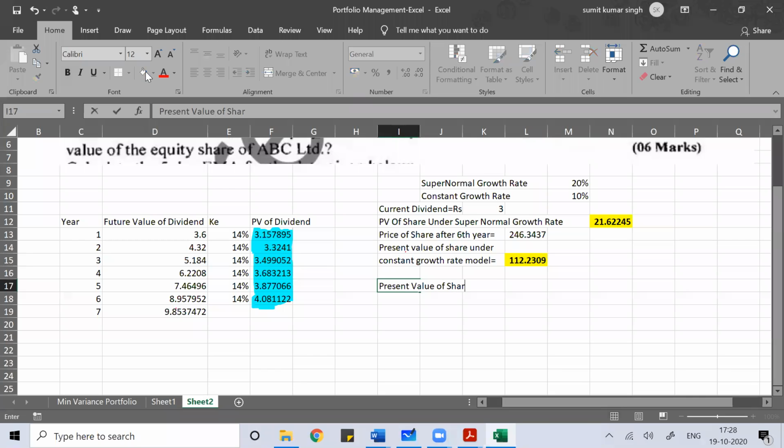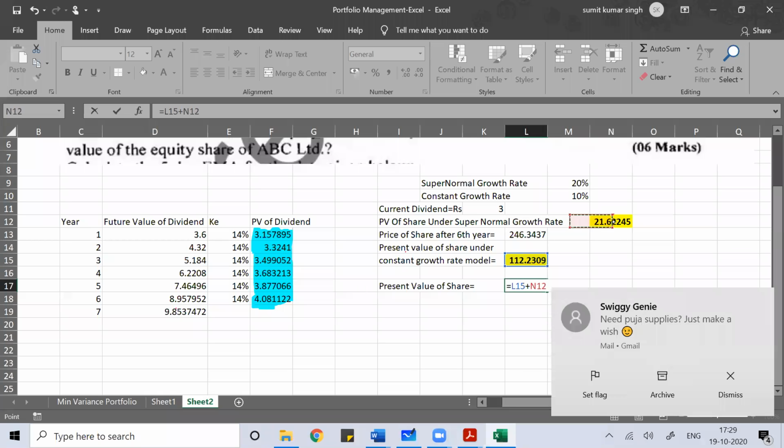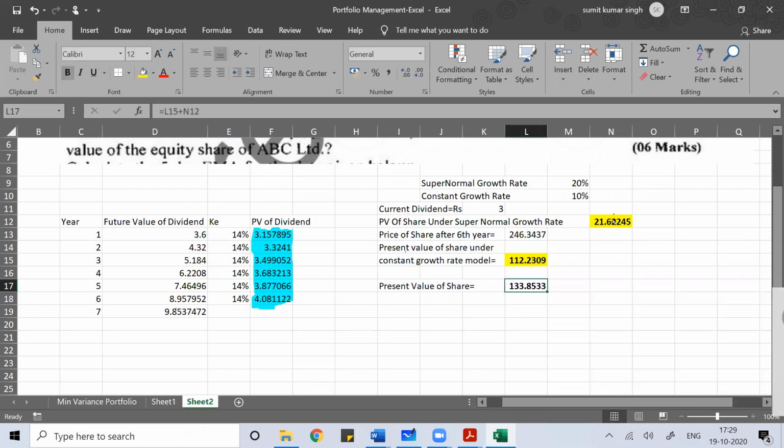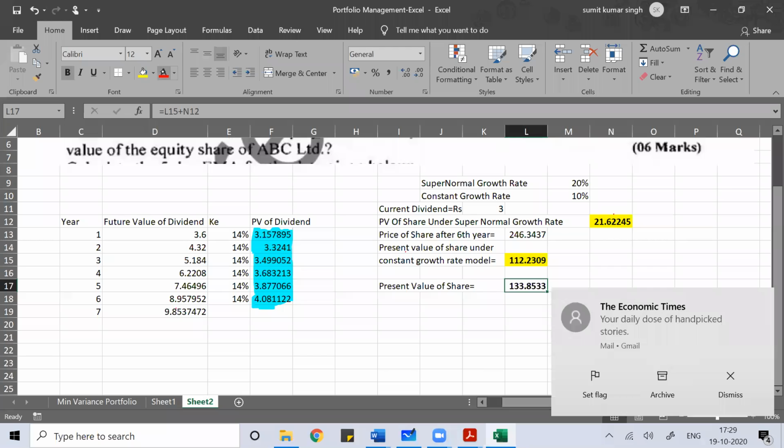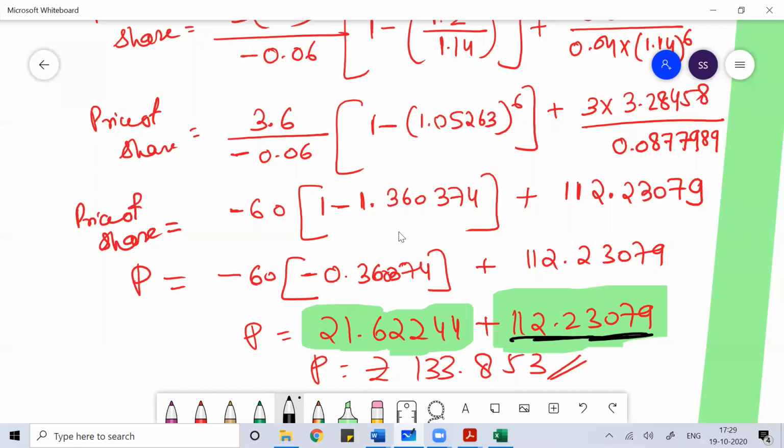The present value of the share is nothing but the sum of this value plus the value of this value. That is 133. So this is the present price of the share, 133.853.